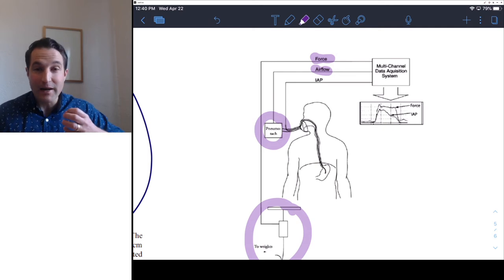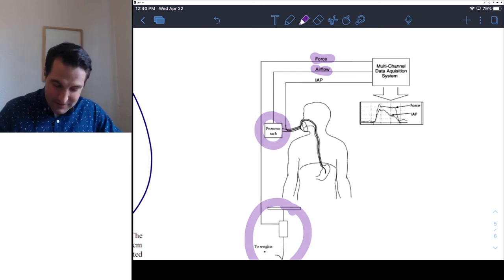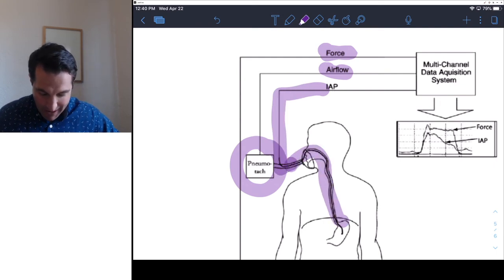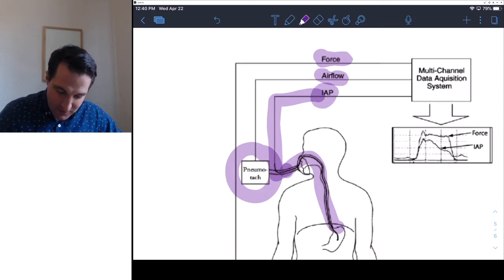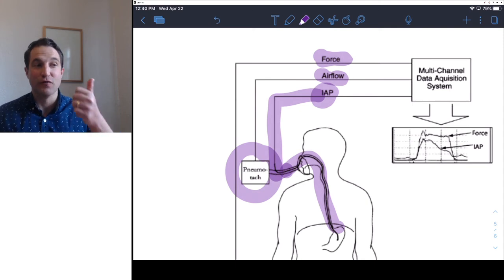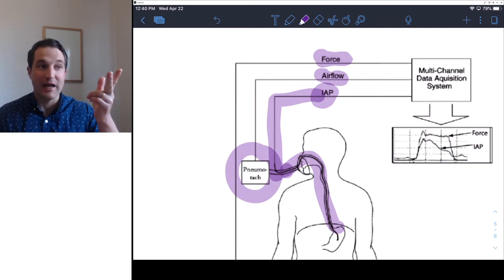Okay? But inside of that mouthpiece, they had a wire. And this wire went in to their abdomen. Okay? And they could measure their IAP, interabdominal pressure. Aha. So they measure the force, airflow, and IAP.